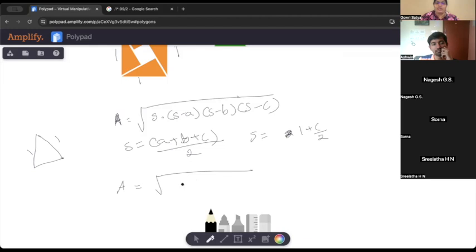So S into S minus A, S minus B is fine. When it comes to S minus C, it will be 1 minus C by 2. Correct? And that's going to be 0 if C is 2, right?